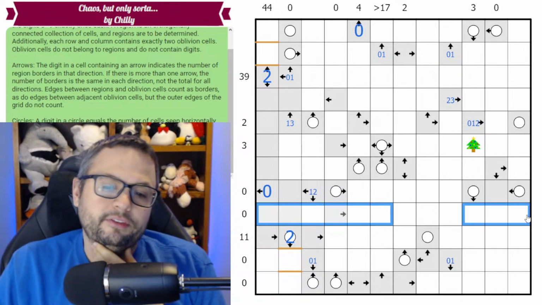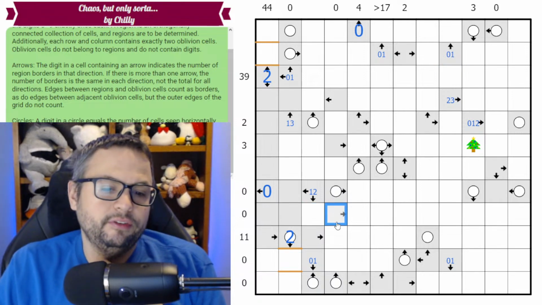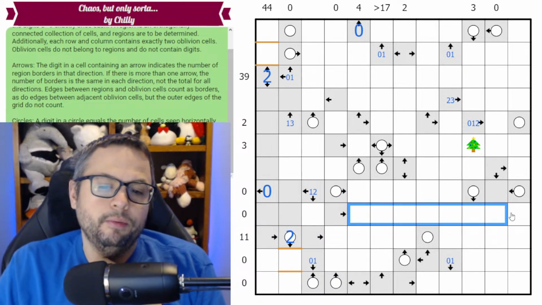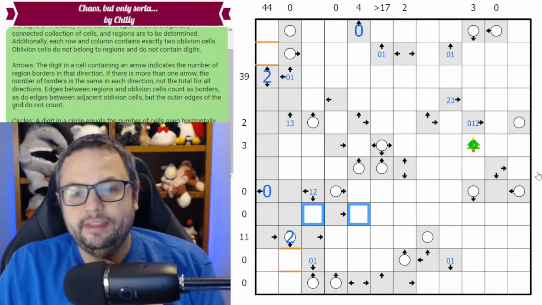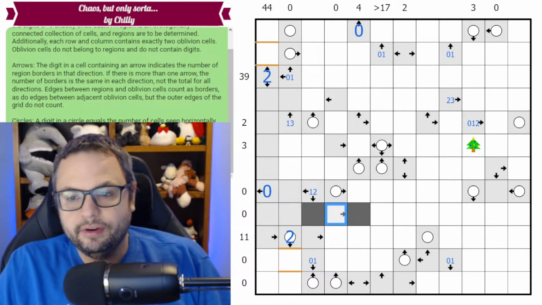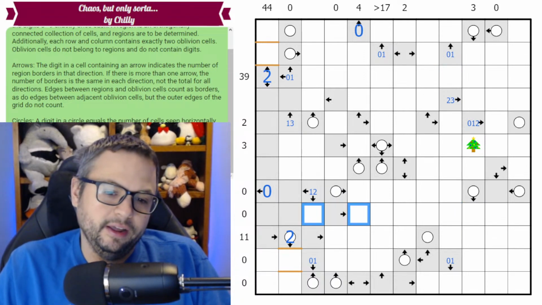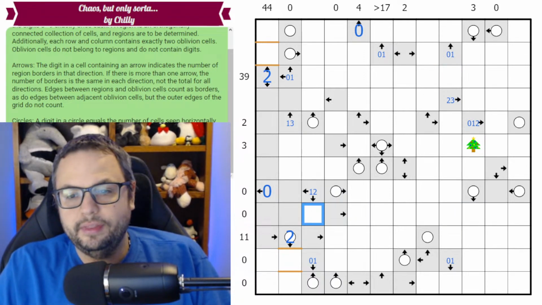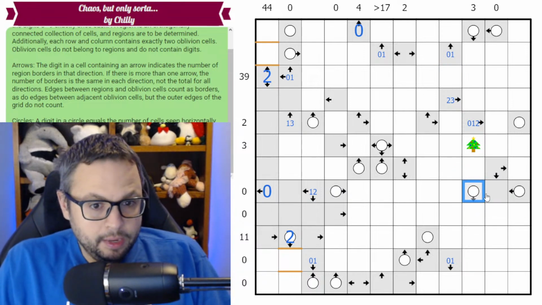And this can't be an Oblivion cell because of this row, because if this was an Oblivion cell, I would need to put a 0 here, but there can't be a 0 pointing at an Oblivion cell. So my point is this combination with a 0 here doesn't work because it sees the border with the Oblivion cell wherever I put the Oblivion cell. So that's always going to be gray.